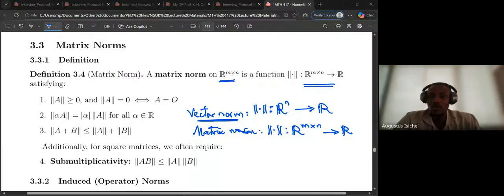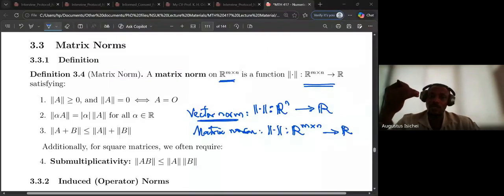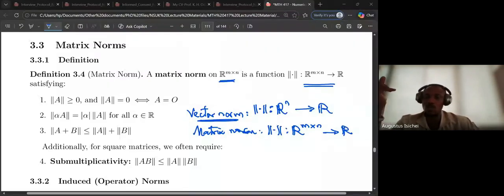We have dealt so much with the vector norm. Now we want to deal with the matrix norm. This matrix norm that takes elements from matrix spaces into the real number space must satisfy the three properties, which is just similar to what we spoke about under the vector norm.